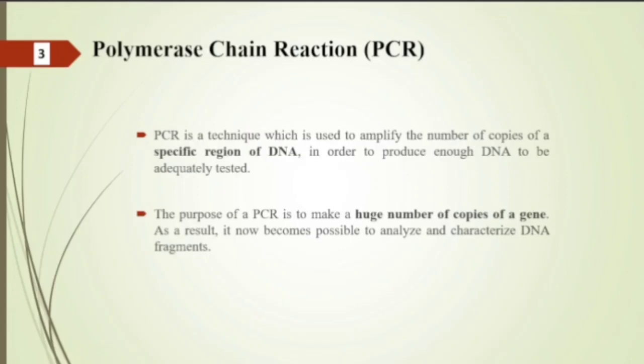The most widely used target nucleic acid amplification method is the polymerase chain reaction. The purpose of a PCR is to make a huge number of copies of a gene. Now it becomes possible to analyze and characterize DNA fragments.